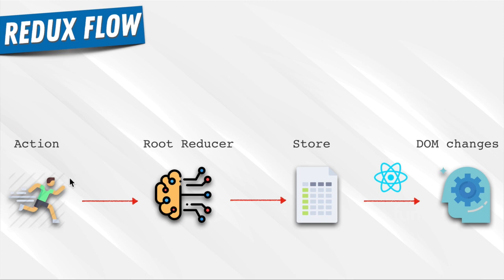And what happens in Redux is as soon as a user clicks on something, a button, and creates an action, it goes through something called a reducer. And a reducer is simply a function, a pure function that receives an input, which is the action, so the user just clicked on a button, and creates an output.